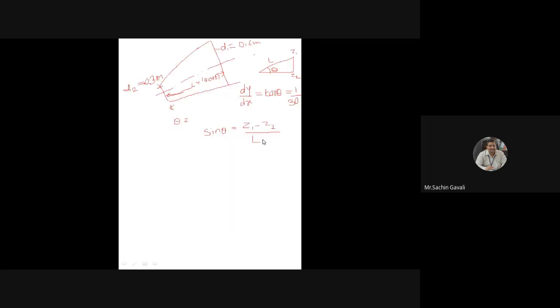Okay, so sin theta is equal to Z1 minus Z2. Somebody calculate the value of theta. 1 by 30 means 0.33.